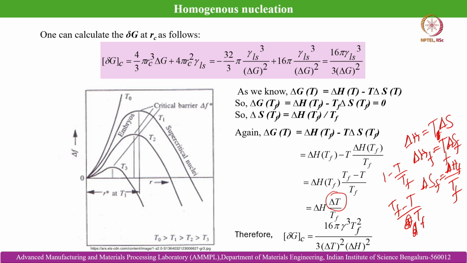But as we already know from the previous slide, delta Gc, that means the total free energy change at the critical radius of nuclei, is equal to 4 by 3 pi r cube, where r is converted to Rc, the critical radius of nucleation, because our objective is to evaluate the free energy change at the critical radius of nuclei, into delta G, that is the volumetric free energy change, plus 4 pi Rc square gamma Ls, that is the surface energy of the new product particle which is coming out from the liquid melt.